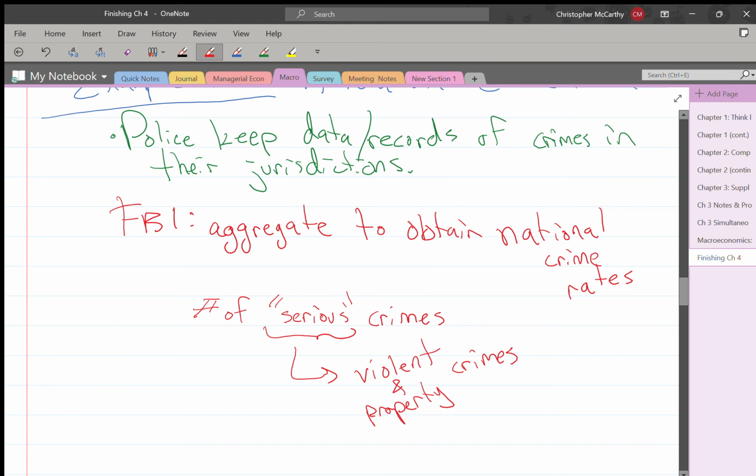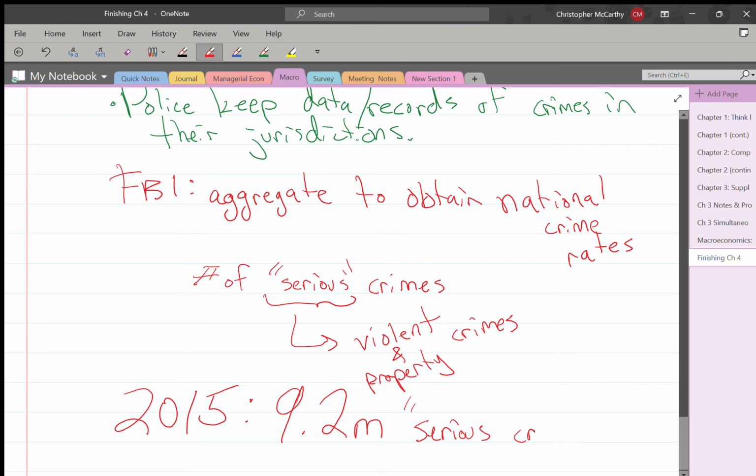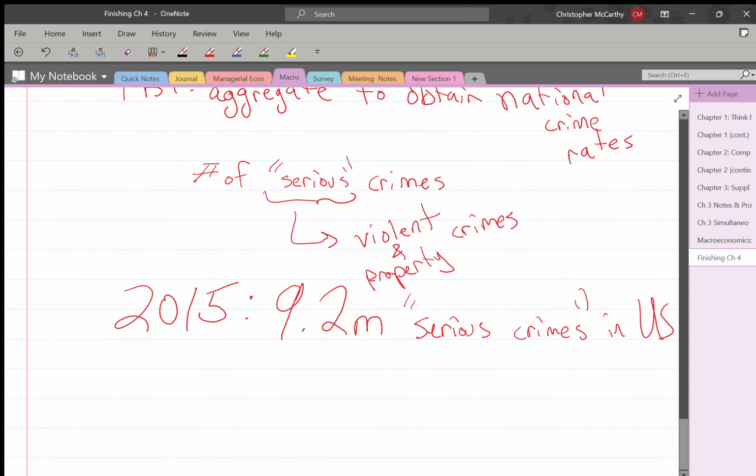And so we found that in 2015, there were 9.2 million serious crimes in the US. These are typically expressed as the number of serious crimes per 100,000 population.